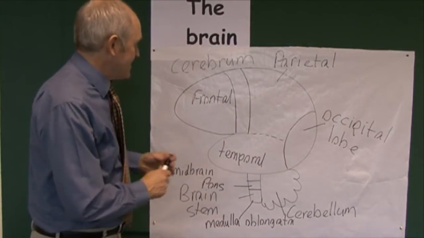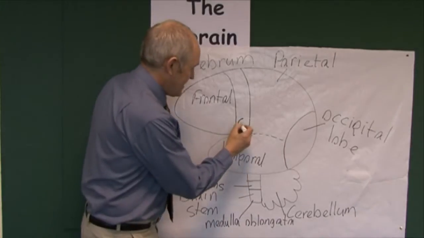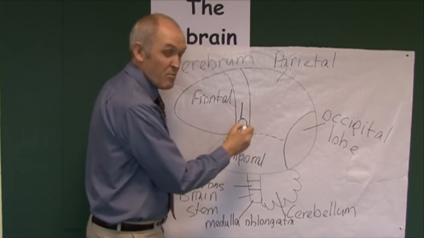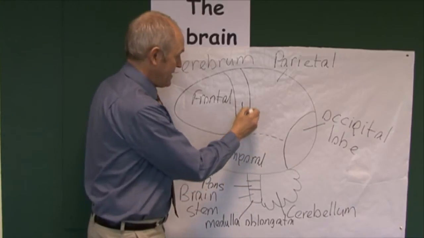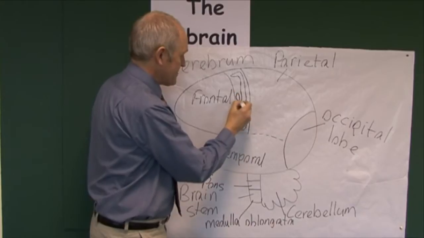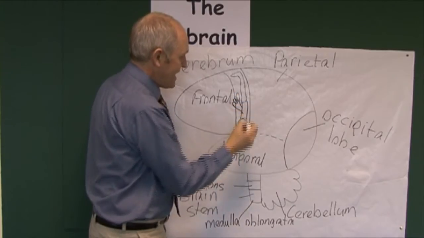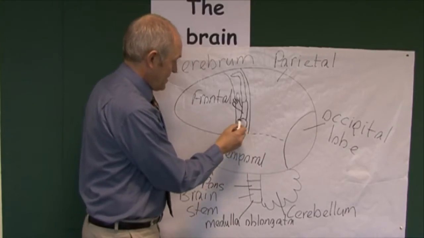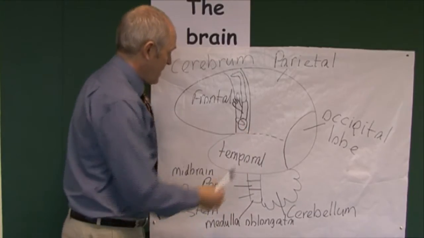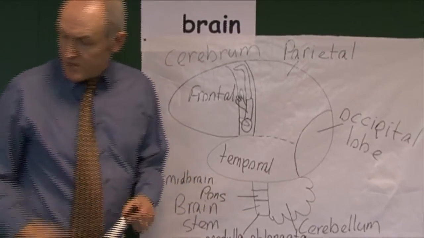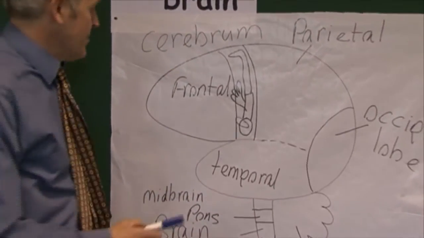And actually, the body is represented in a small man called a homunculus. Homunculus just means small man. So the parts of the body are represented more or less, that would be the hand there, more or less upside down. The lips occupy quite a large part of the motor cortex. So that is the motor cortex in the frontal lobe.